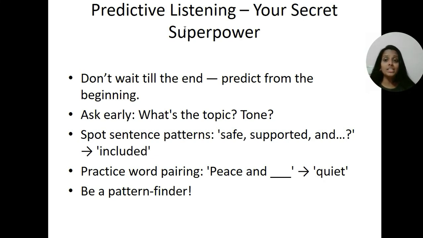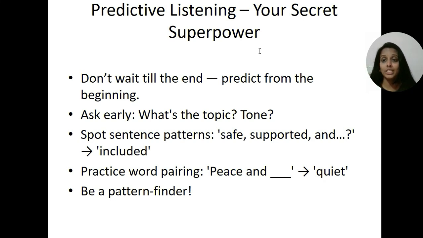And spot sentence patterns. If the sentence is, say, for example, it is essential that students feel supported, safe, and, and it pauses at the end, you can bet the last word is something like included or respected, not something which is a fruit name or a vegetable name, right? So you have to spot the sentence pattern and practice word pairing.